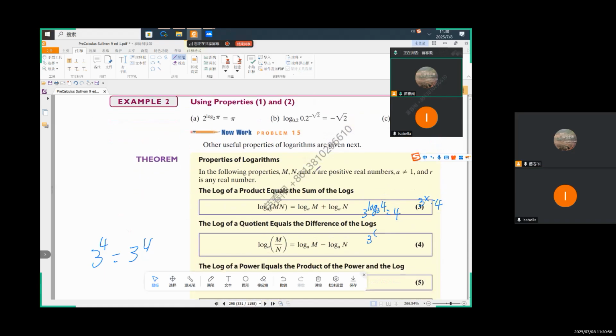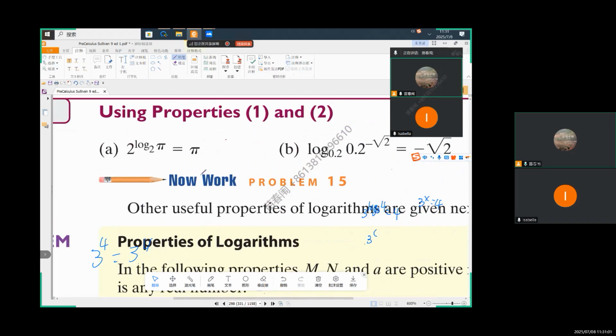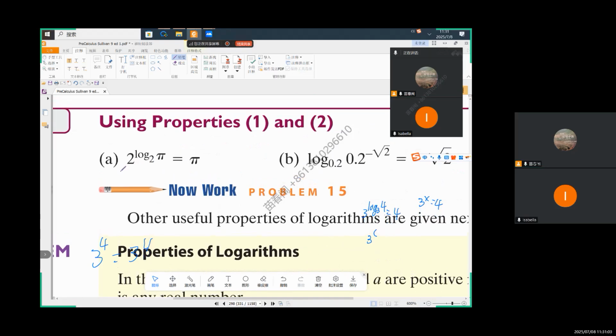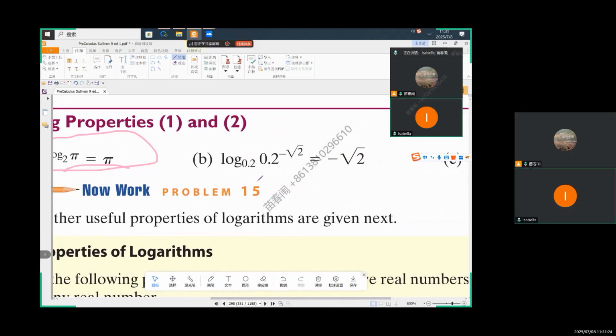Let's do this and then do that one. Well, basically what you did is this one, right? Does it make sense? Yeah, it makes sense to deduce that. And how about B? Let me do B. Yeah, I think so, right?